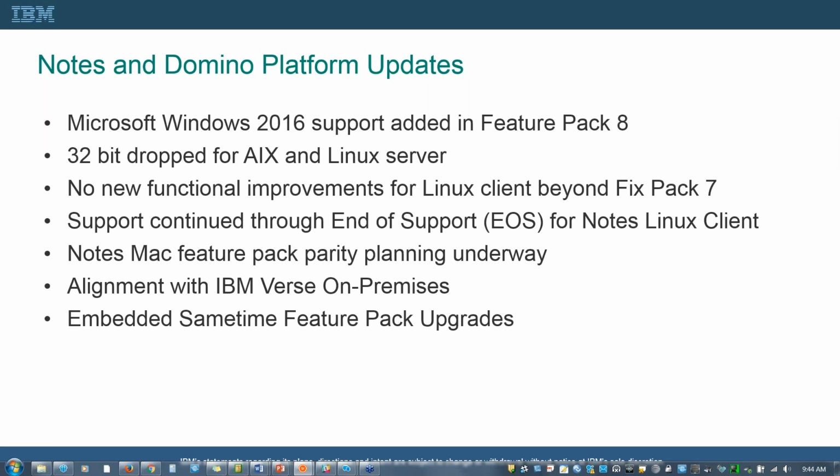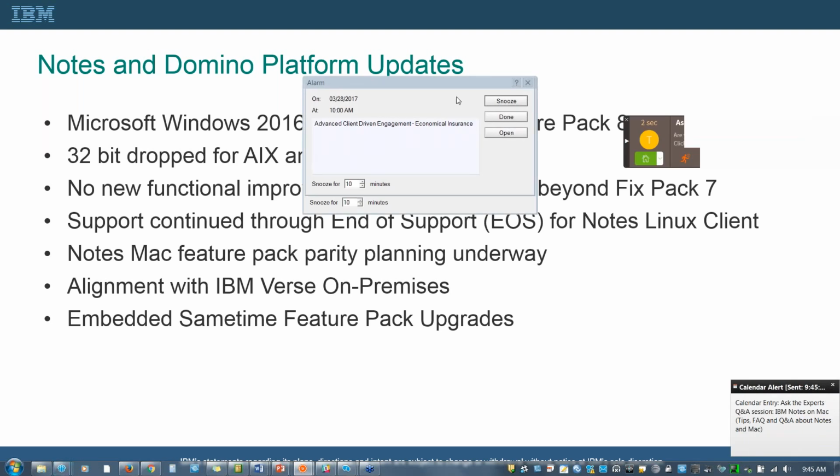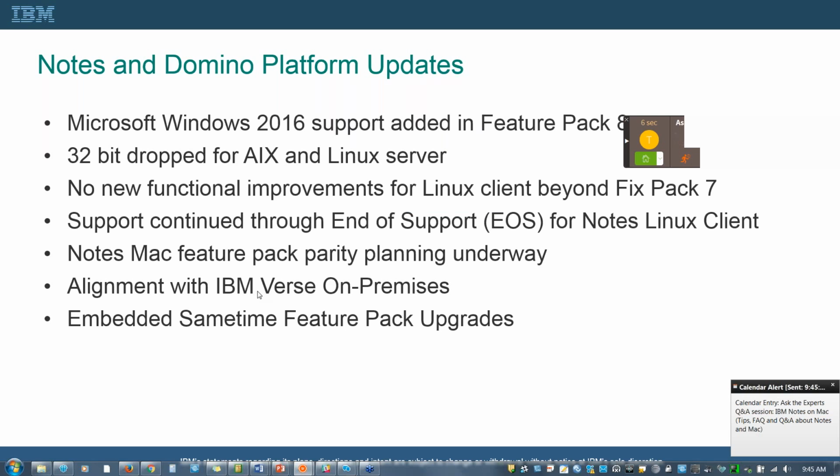Also, from a Verse on-premises perspective, since that was newly released, we didn't want to hold them back with our cadence. So they're on their own roadmap for this year so that they can release a couple of releases past the 1.0, and they're currently working on 1.0.1, and we do intend to have a 1.1 later in the year as well, in order to allow the Verse on-premises team some space there.